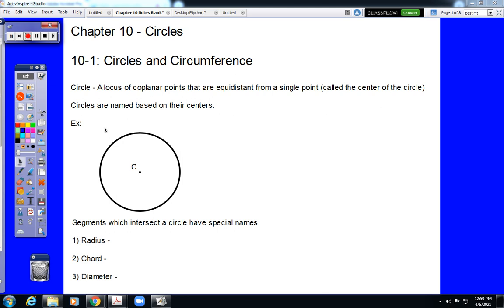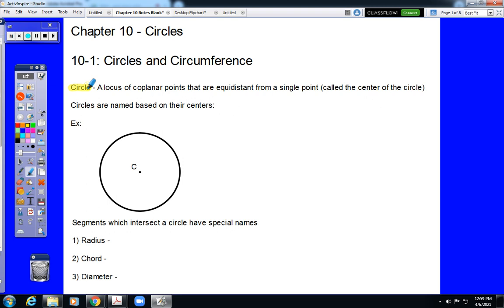So, a circle. We've already defined that this school year. A circle is defined as a locus. That's a fancy word for set. A set of coplanar points that are equidistant from a single point known as the center. So it's a set of all points in a plane that are the same distance away from one single point known as the center.